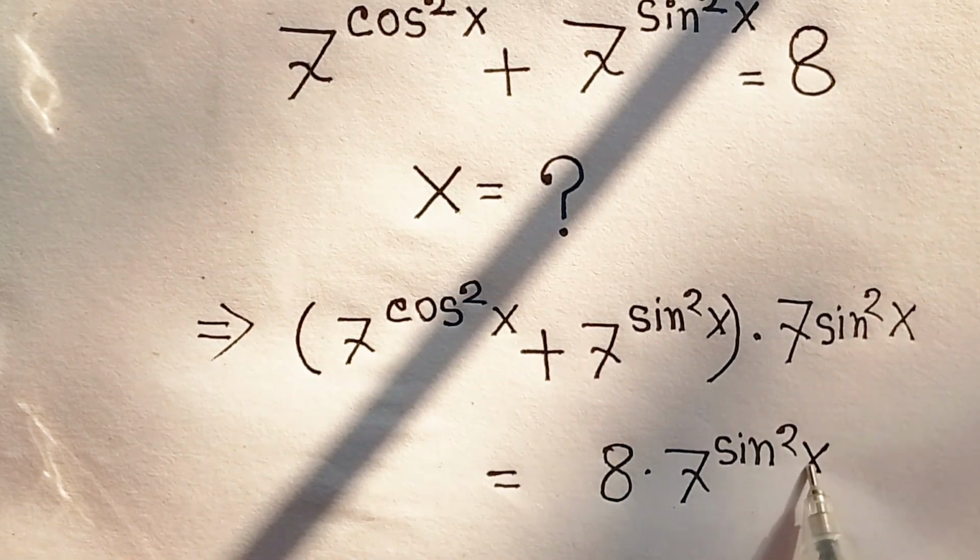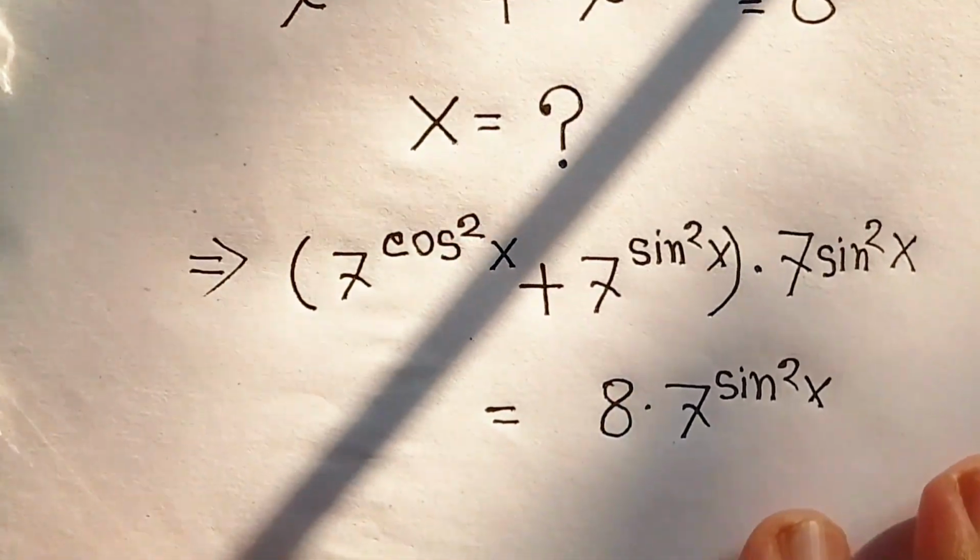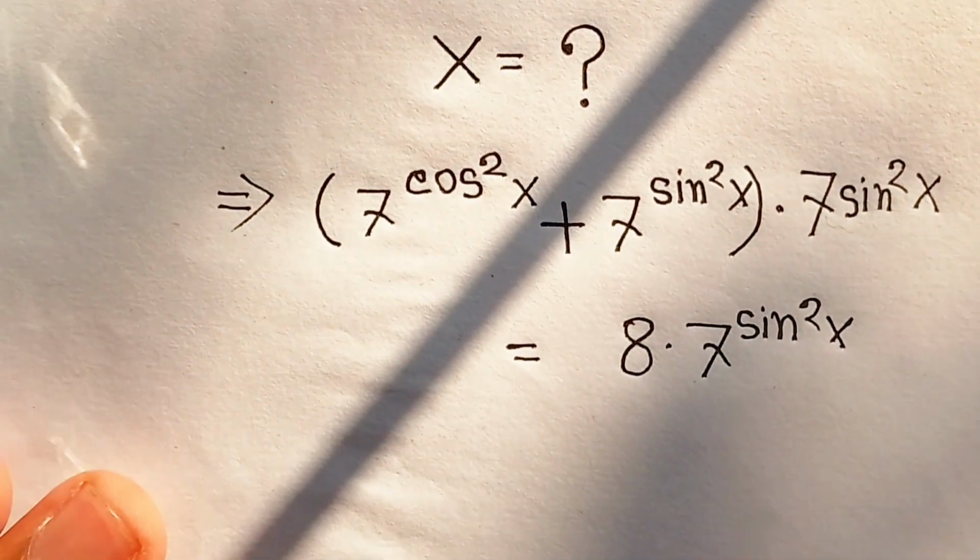We just multiply both sides by 7^(sin²x).